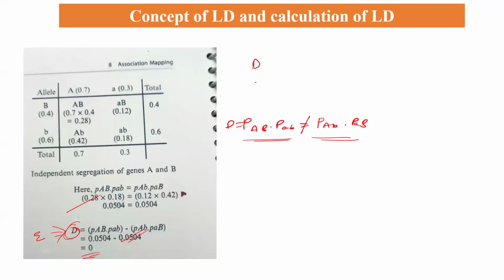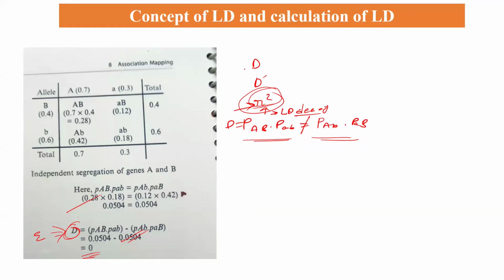First is D, second is D dash, and third is R square. R square is the most valuable for association mapping studies, and generally this is used for LD decay analysis.